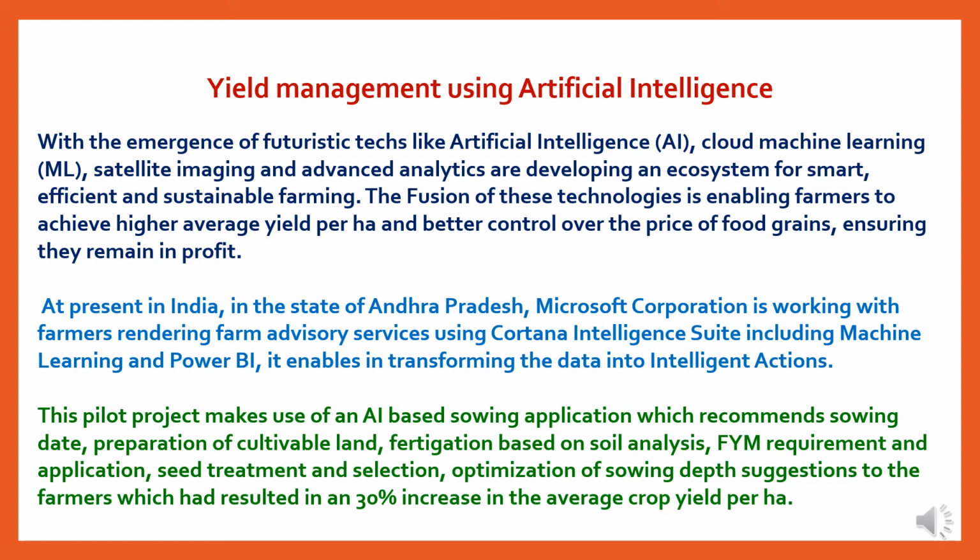The pilot project makes use of an artificial intelligence based sowing application which recommends sowing date, preparation of cultivable land, fertigation based on soil analysis, farmyard manure requirement and application, seed treatment and selection, and optimization of sowing depth to the farmers, which resulted in a 30% increase in the average crop yield per hectare.